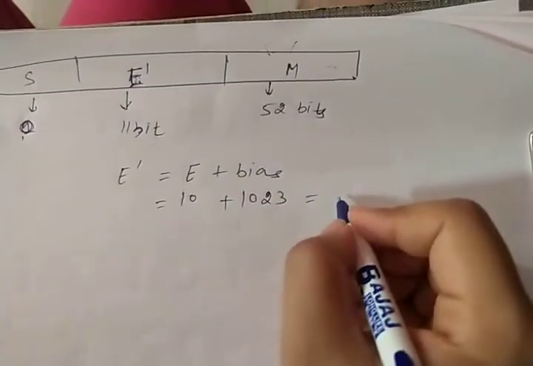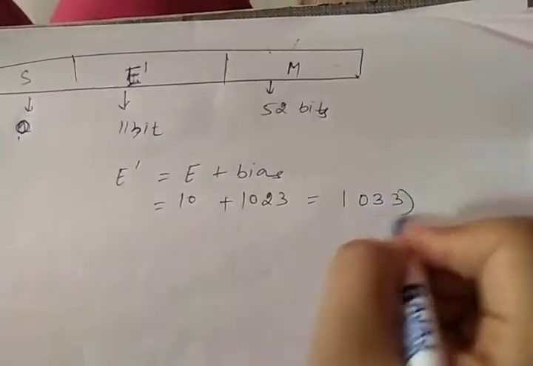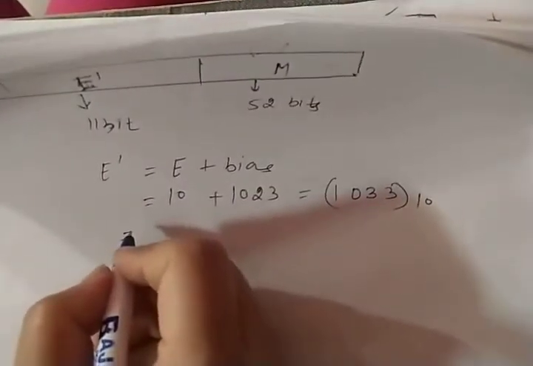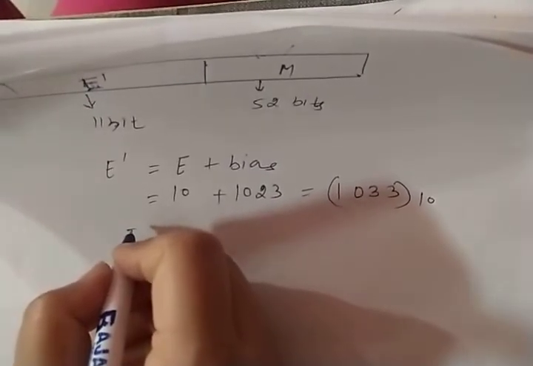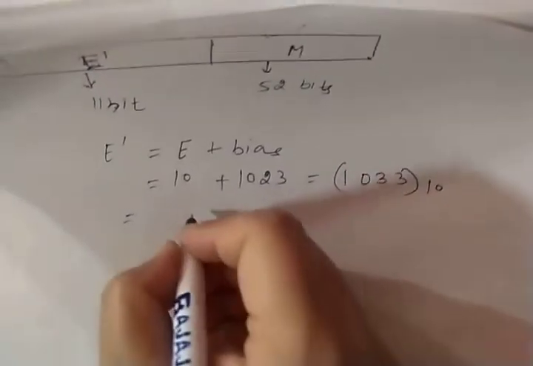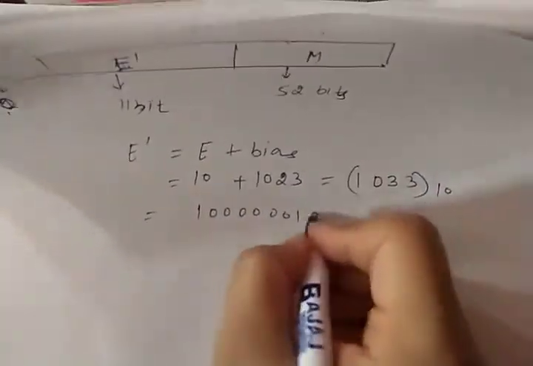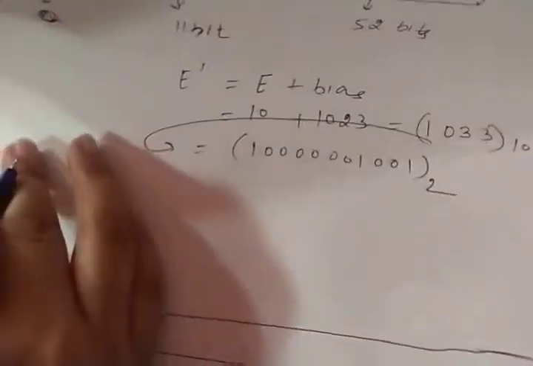So this comes out to be 1033. So this is the decimal part. We have to convert this number into binary format. When you convert this number into binary format, you will get the value 10000001001. So this is the binary format for this exponential part.